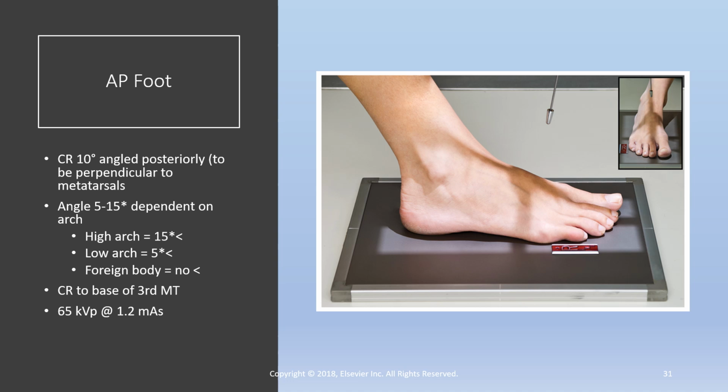A lot of patients want to sit up and place their foot on the image receptor like this, but if they're sitting up, often what happens is they end up pushing the IR and their foot out because of the pressure when their knee is over their foot. So if you lay them down, they tend to hold still a lot better. And if it does still move, what you can do is put a sandbag here so that the IR doesn't slide.